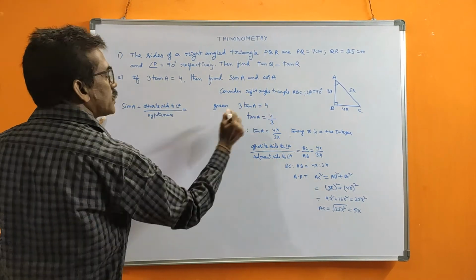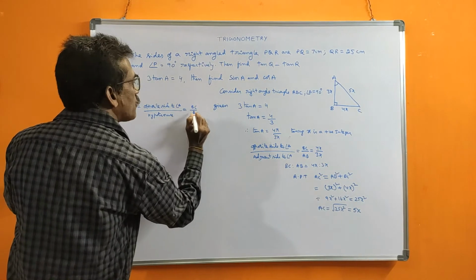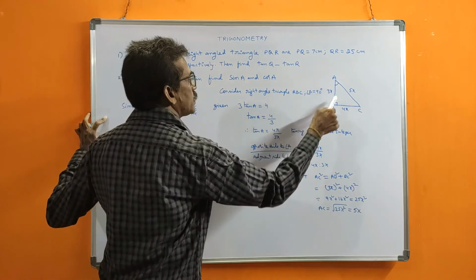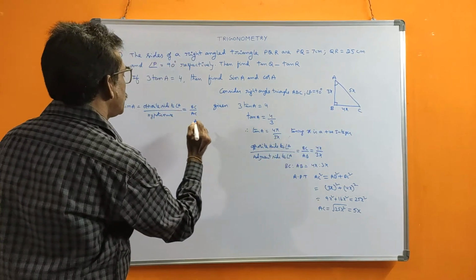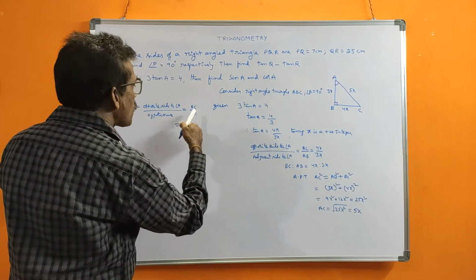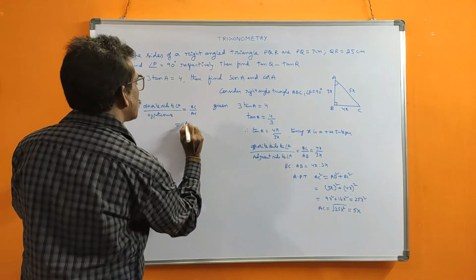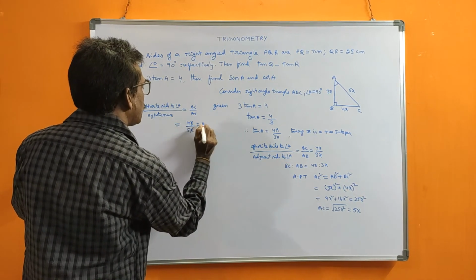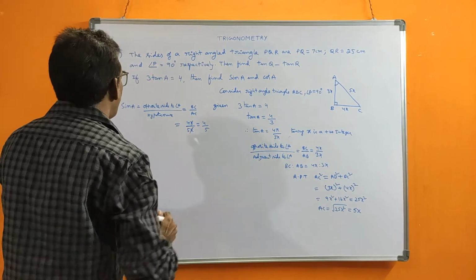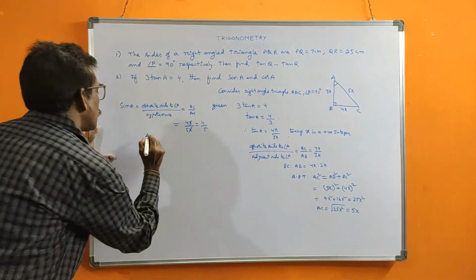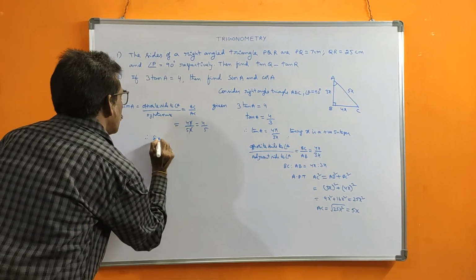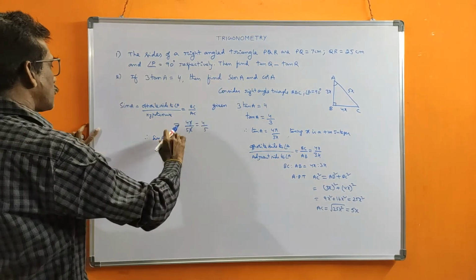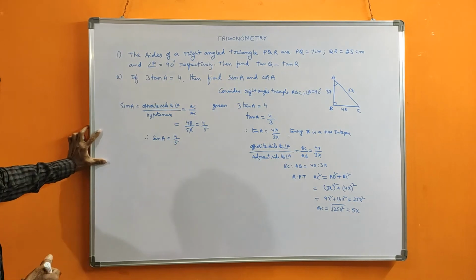For angle A, the opposite side is BC and the hypotenuse is AC. BC is 4x and AC is 5x, x cancels. The ratio is 4 by 5. So sin A is 4 by 5.